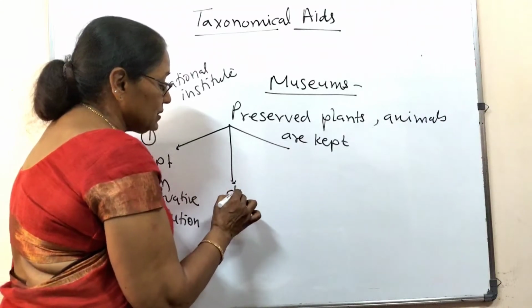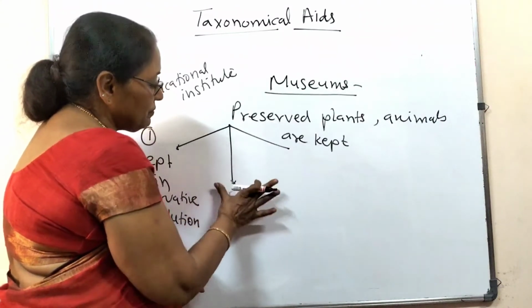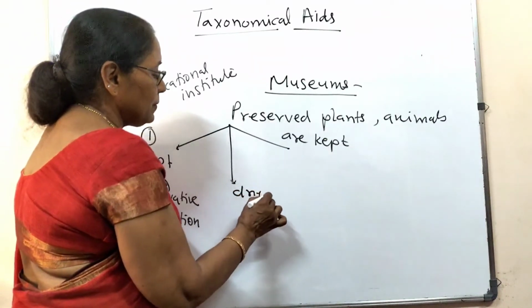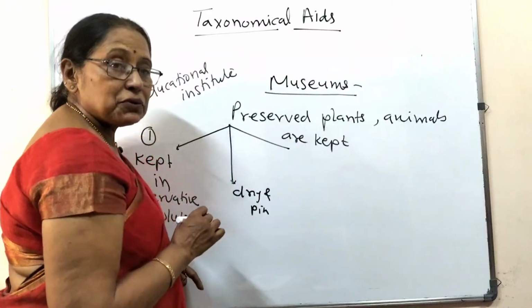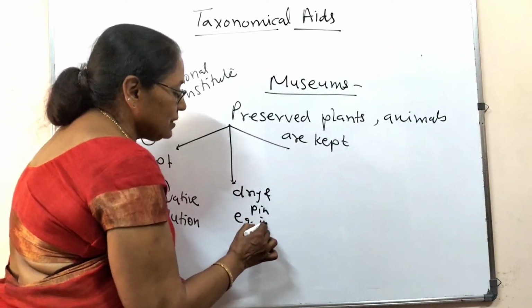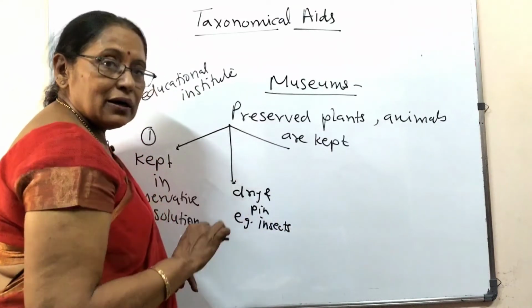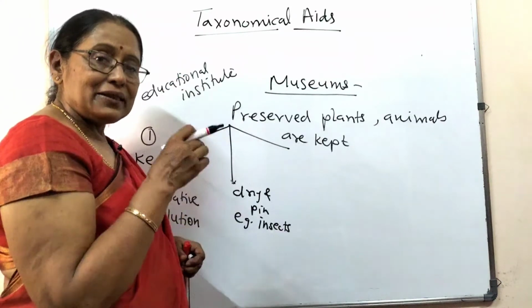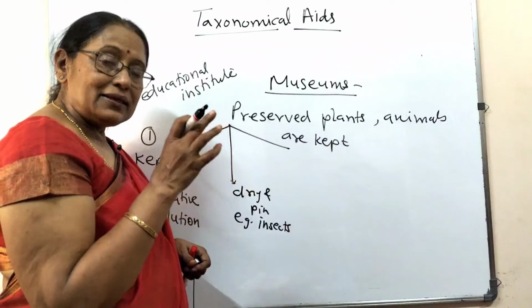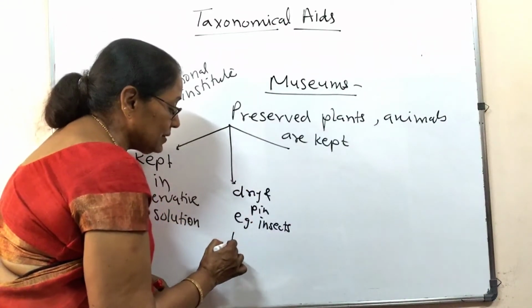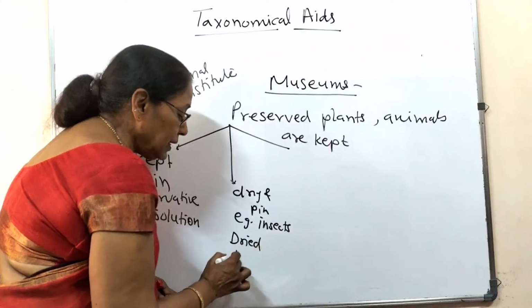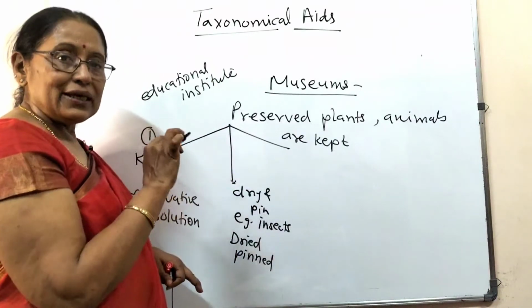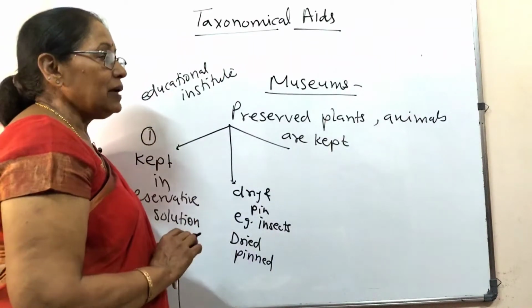For example, here we write dry and pin. What is this process? The insects don't need to be kept in that preservative solution. The killed insects are first dried, and then they are pinned in an insect box.